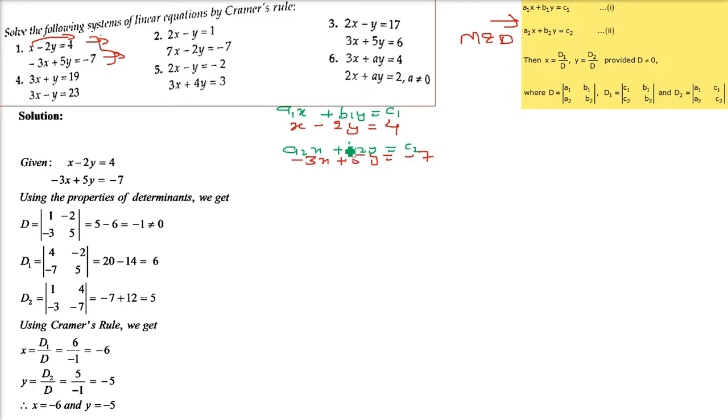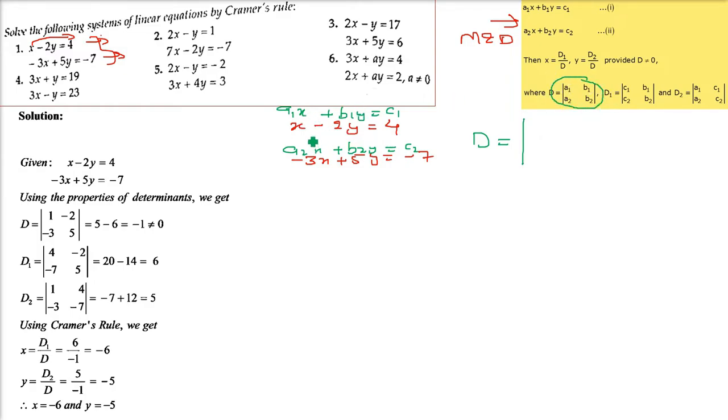Just compare. a1 is 1, a2 is minus 3, b1 is minus 2, b2 is 5. So the determinant will be a1, a2, b1, b2. When we find D1 and D2, we replace the first column and second column respectively.